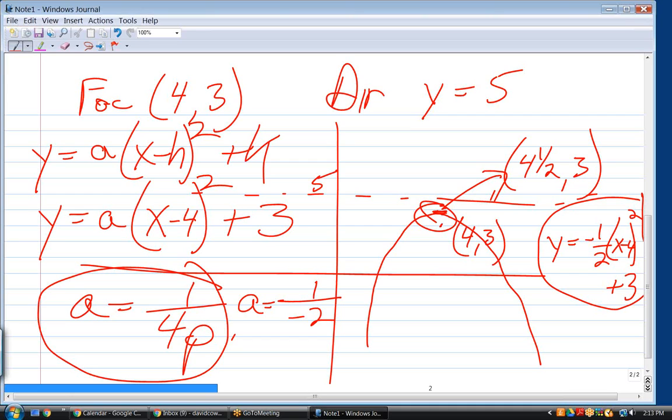The fact that it's negative, you'd be able to figure that out anyway, because you're looking at an upside down parabola, so you know a has to be negative. So even if you used plus 1/2, you would realize that it has to be negative because this parabola is pointing down.